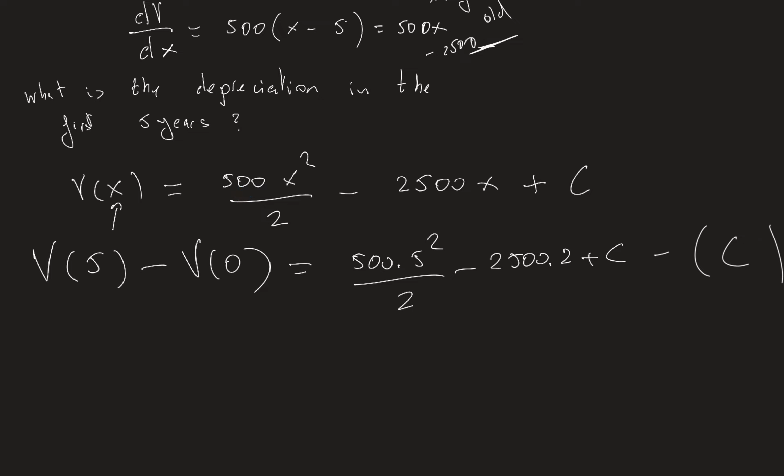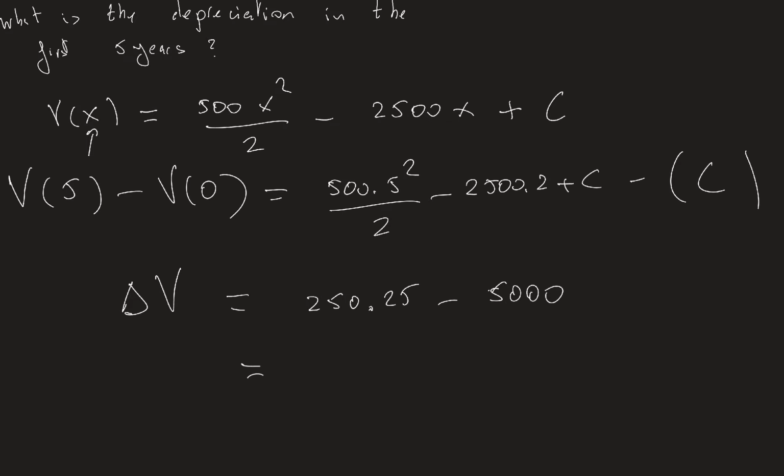You see, so the c cancels. So the change in the value in the first 5 years is 500 divided by 2 is 250. 250 multiplied by 5 squared, multiplied by 25, minus 2,500 by 5 is 12,500. So the depreciation is, let's say, 250 multiplied by 25 is 6,250, minus 12,500.